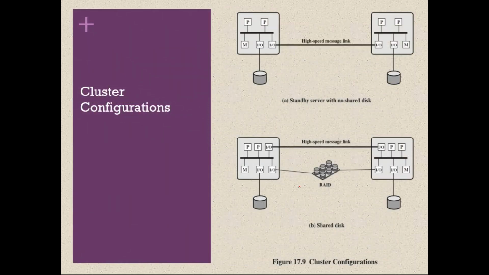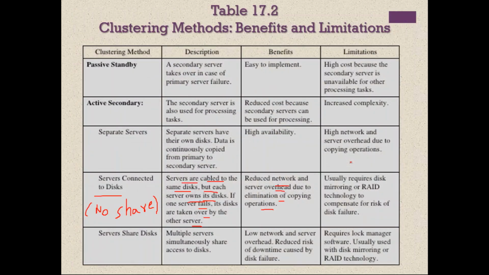Server 1 will copy only to volume 1, server 2 will copy only to volume 2. Only when somebody fails will they get access to the other volume. The limitation of this method is that to implement it we need a RAID disk, that is a redundant array of inexpensive disks.